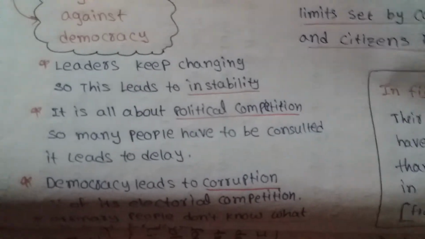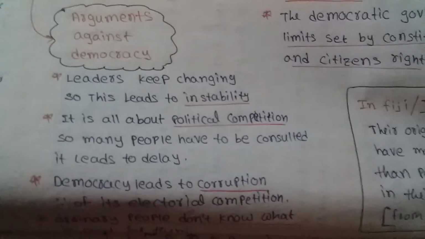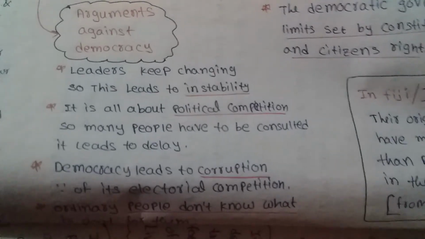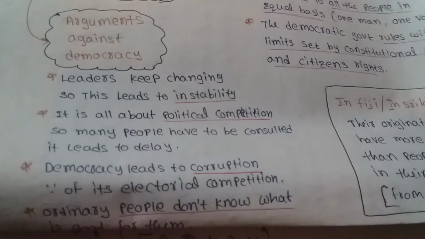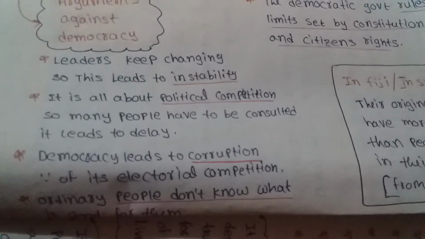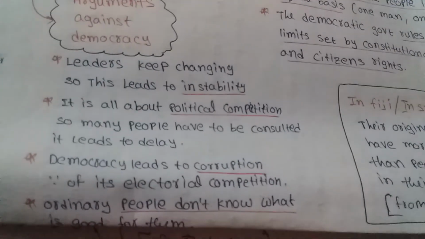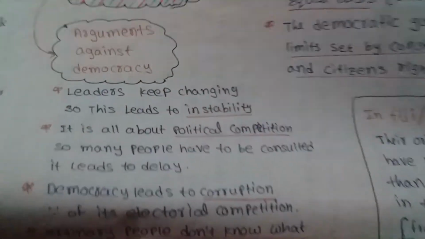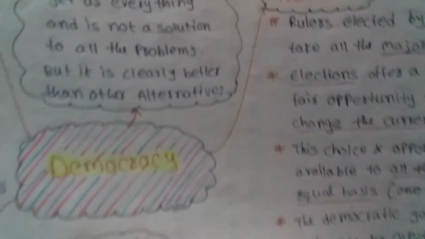And it is also about political competition, so many people have to be consulted, so it leads to delay, right? And democracy leads to corruption also, because of its electoral competition. And ordinary people don't know what is good for them. So these are the arguments against democracy.